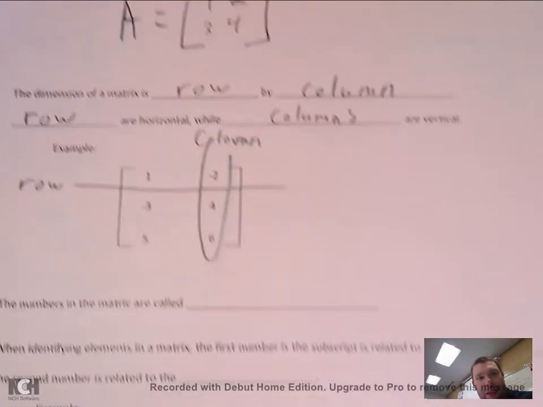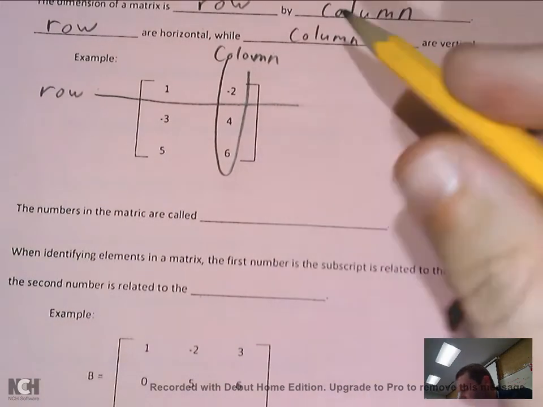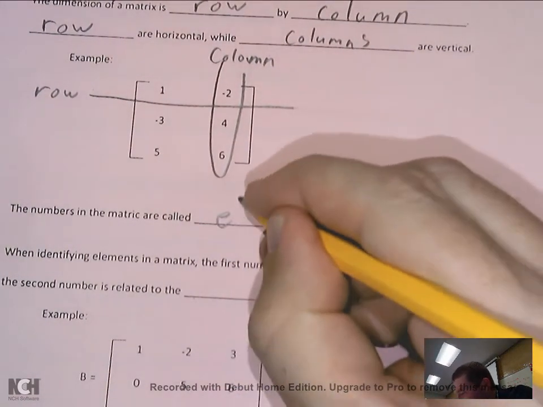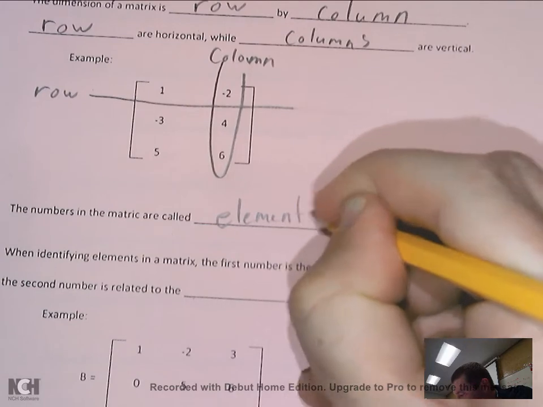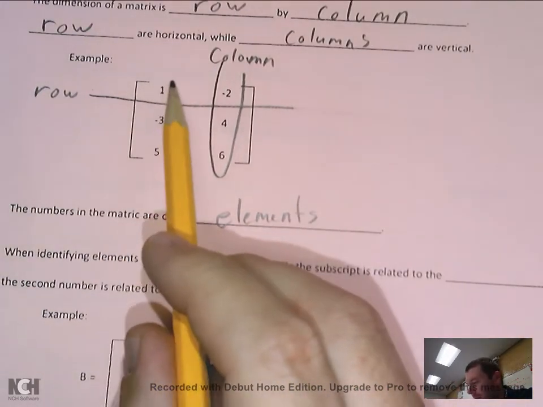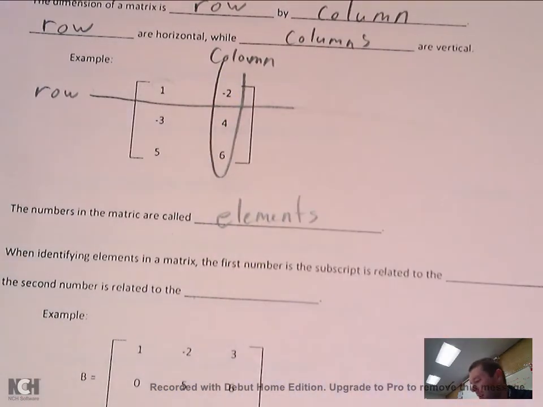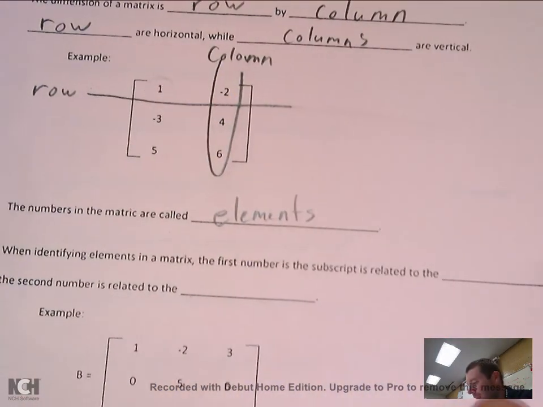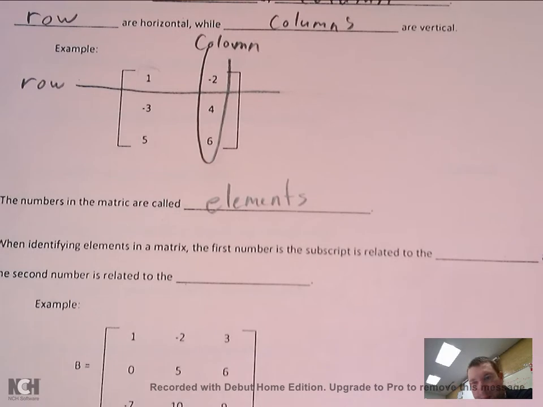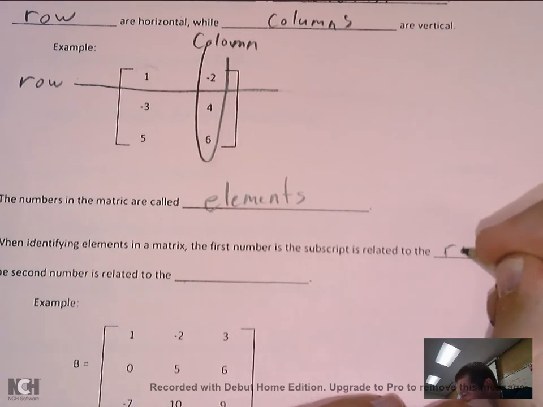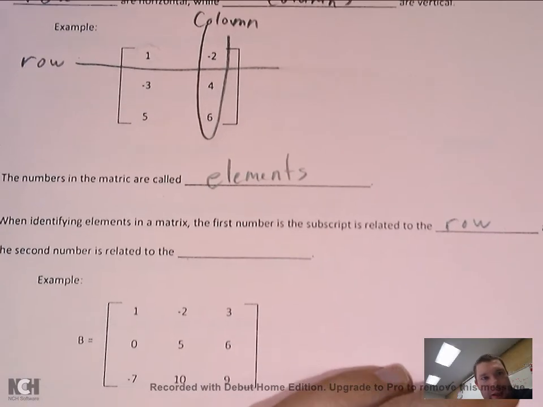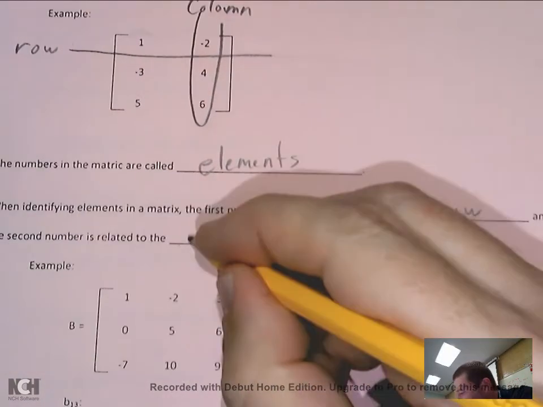Okay? The numbers in a matrix are called elements. So if I'm just looking at 1, that's the element of the matrix, number 1. And when identifying elements of a matrix, the first number of the subscript is related to the row, and the second number is related to the column.